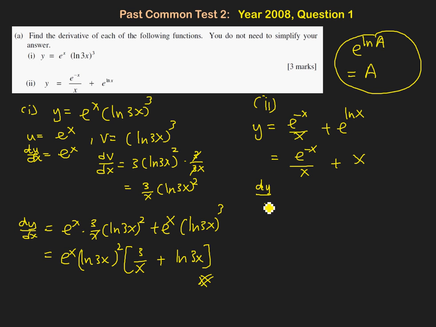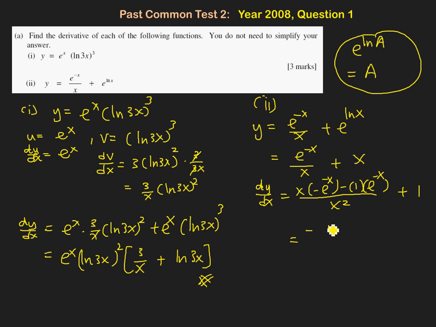So now your dy/dx is therefore, this is a u, this is a v, and so I have v squared, and v times the derivative of u, minus u times the derivative of v, and the derivative of x, of course, is 1.